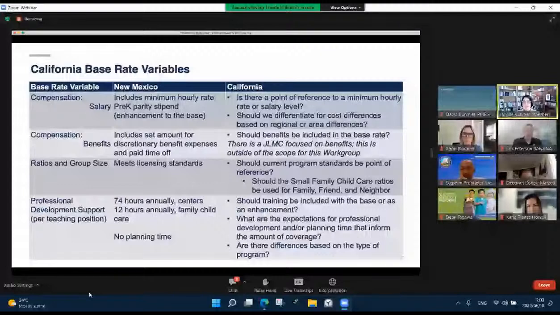Yeah, I think that's the question: what do you count in the base, and what else may need to be addressed beyond that base, in terms of additional enhancements to support additional learning or planning time, or what have you. I think it should be a part of the enhancement. Okay. That's how I see that. Thank you.